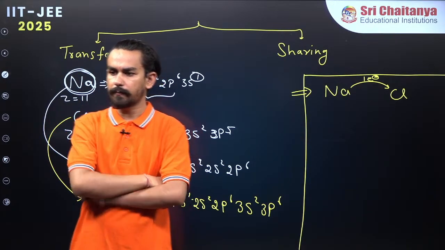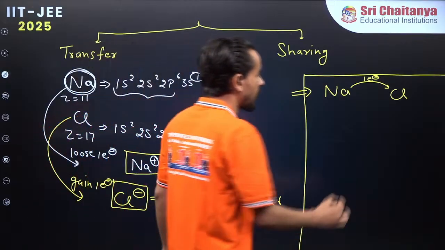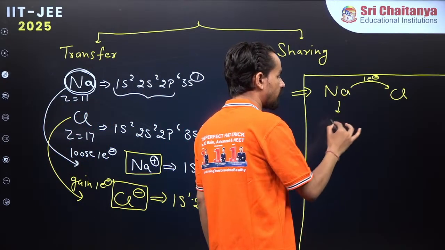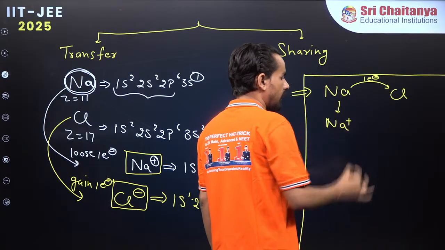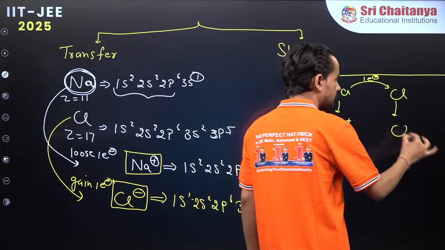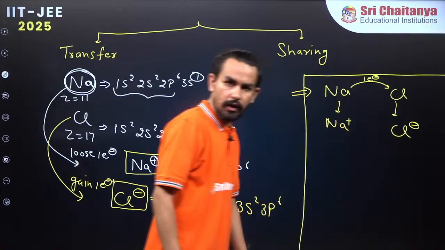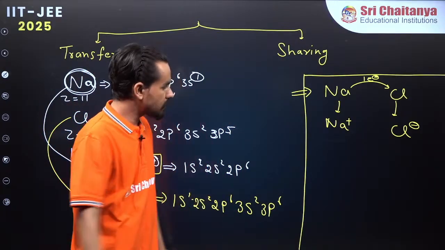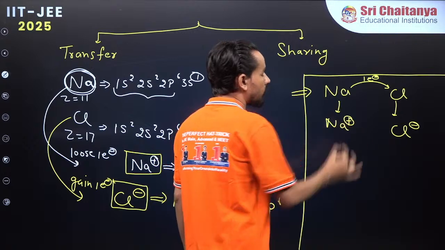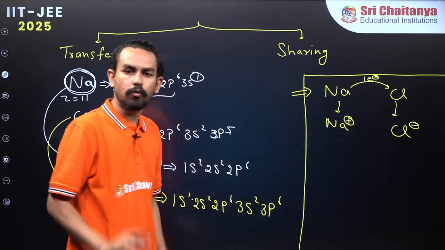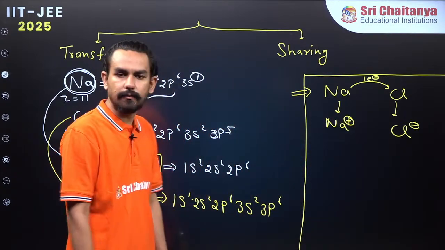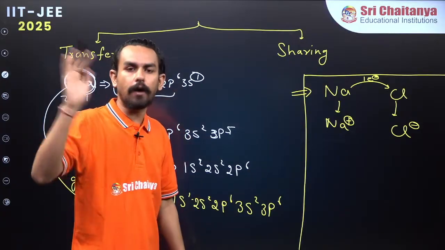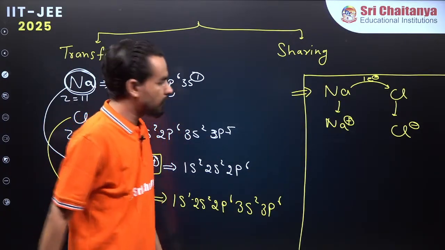Yes, it is possible. When 1 electron is transferred from sodium to chlorine, sodium will become Na plus and chlorine will become Cl minus. When they are like that, they cannot move away from each other. Why?